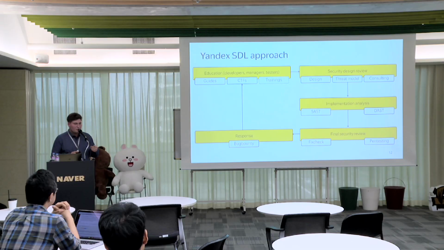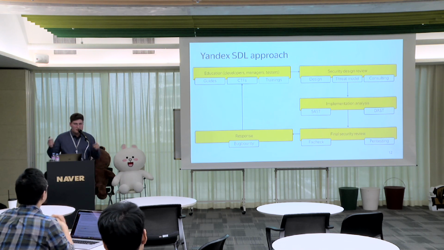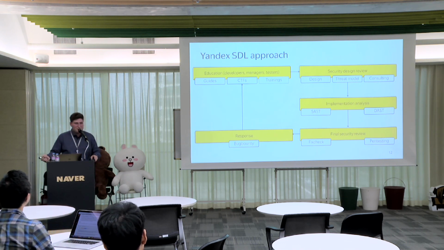We have the guide set with this information, and when a new developer comes on his first workday, he receives a letter from the security team with a link to these guides. And also in this letter, he can find a link to a special test. We use, for example, the Moodle system, the Moodle open source PHP system for creating tests.